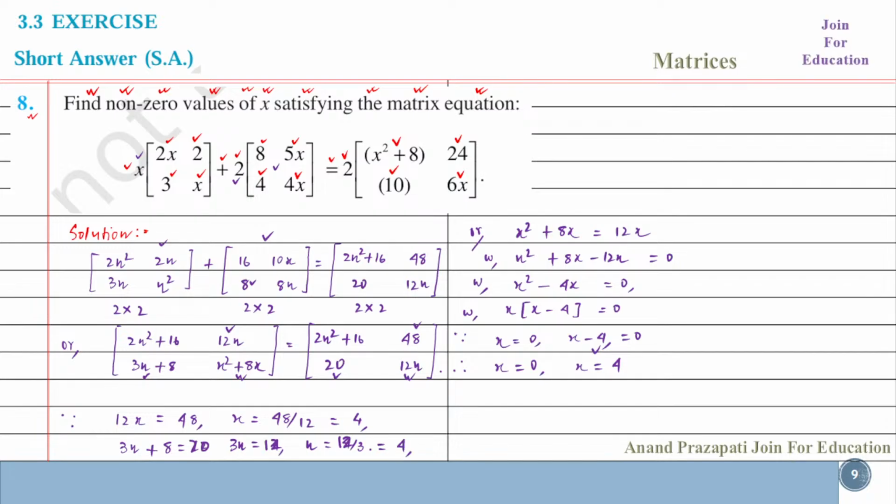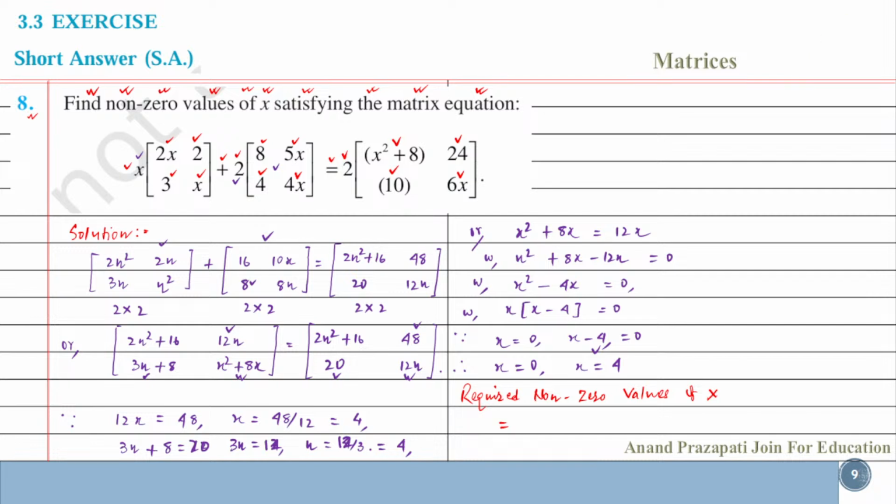So in this question we are asked to find the non-zero value of x, therefore we write down the required non-zero values of x.